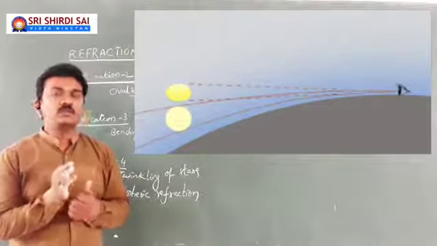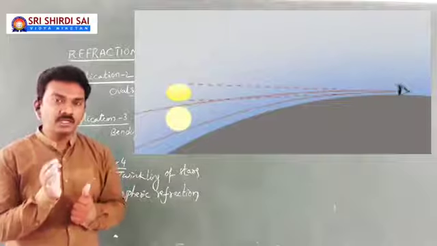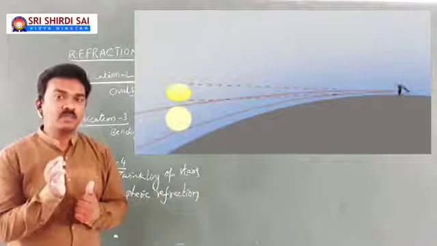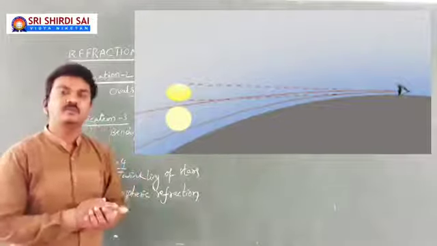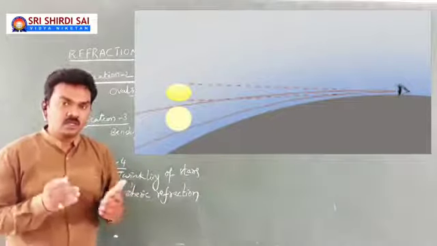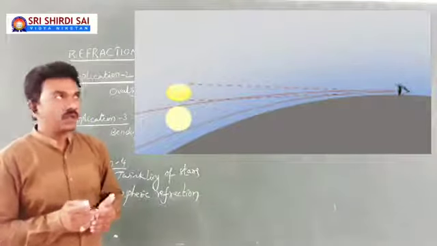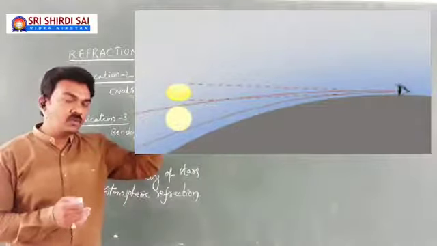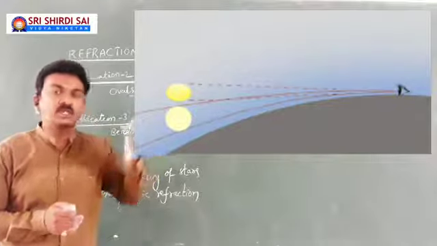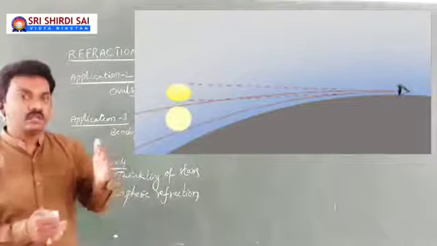It is all because of the refraction of light that takes place when sunlight is traveling through the atmosphere. Because when you are on the surface of the earth and you look at the sun, the sunlight you receive is traveling through the atmosphere, which has different layers.